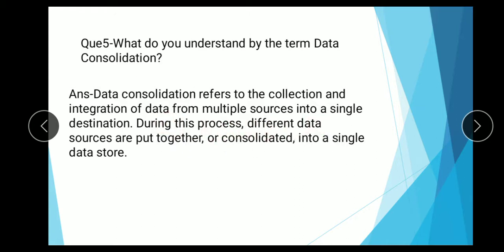During this process, different data sources are put together into a single data store. So this is a very easy method. You can select multiple data sources and collect them in a single data source. This is called data consolidation.